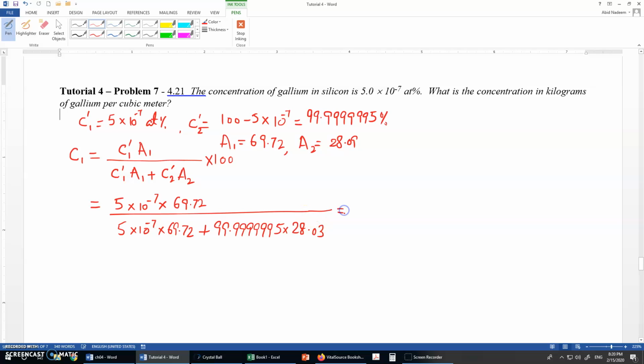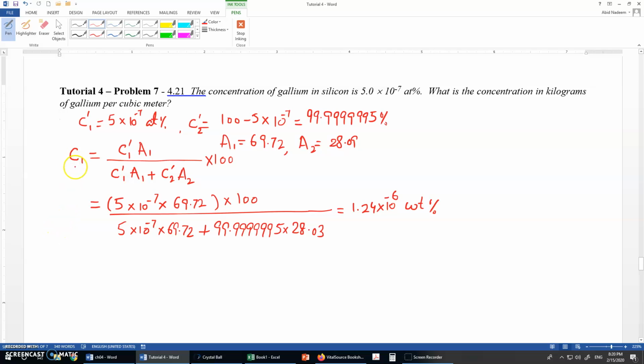In this way we will get a value of 1.24 × 10^-6 weight percentage. Well, this is to be multiplied by 100 for the percentage.